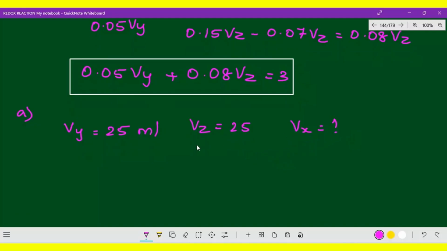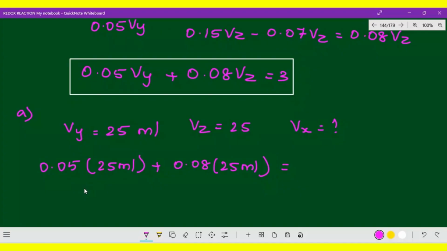So how to check it? How to apply the values here? So here 0.05 into Vy, which is 25 ml, plus 0.08 into Vz, which is 25 ml, right? Can you calculate this?